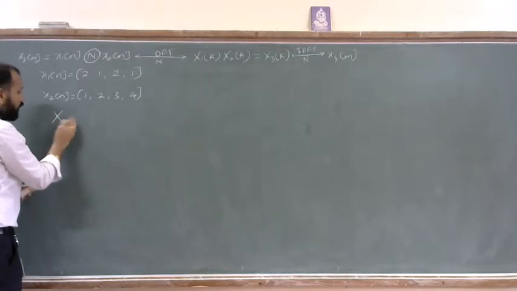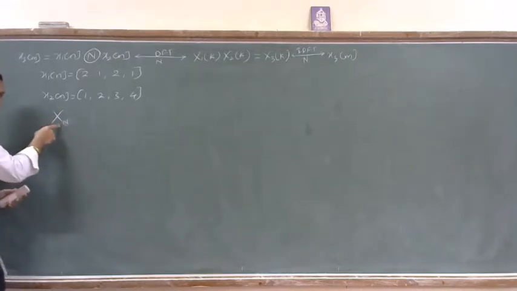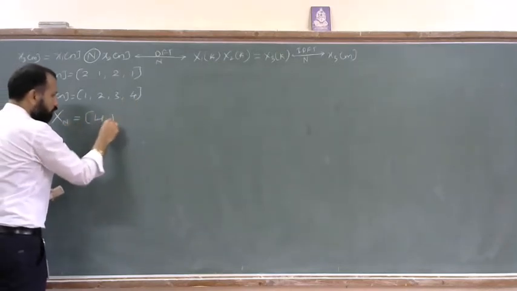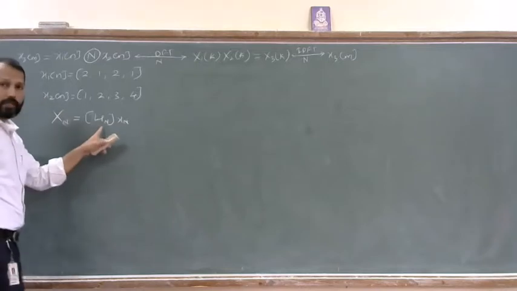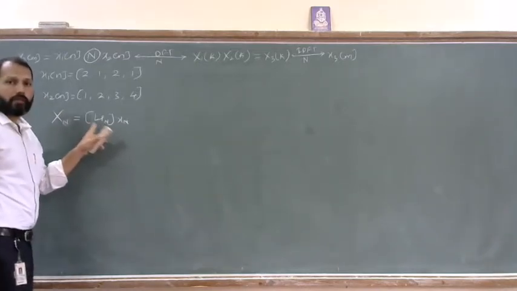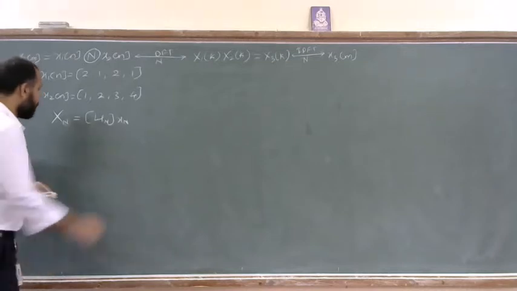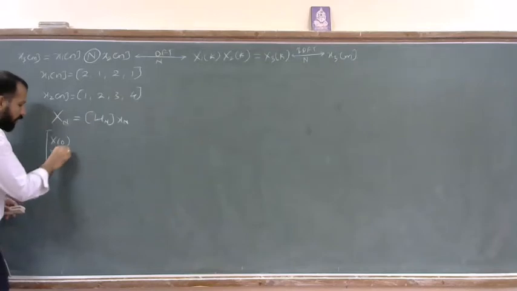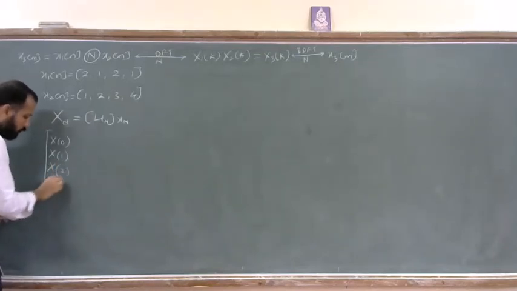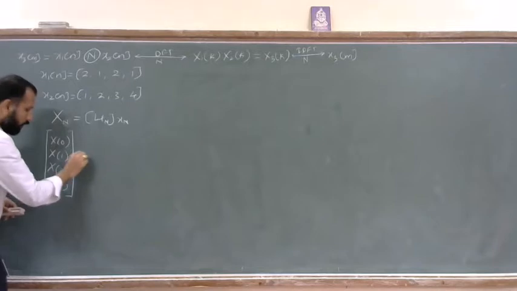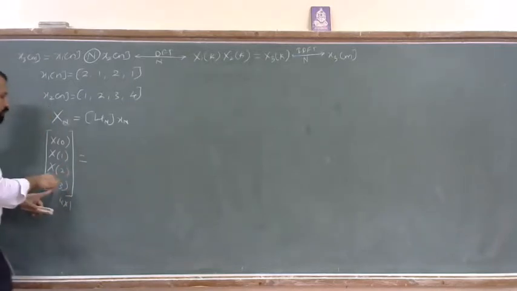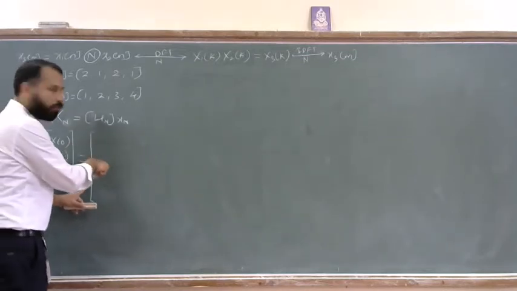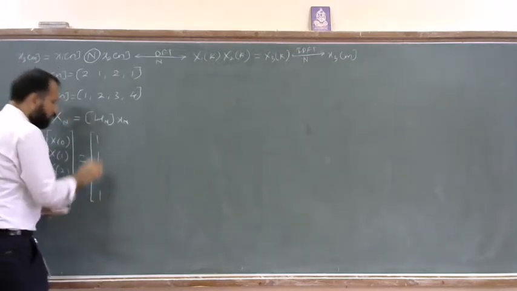The general expression for the n-point DFT using the matrix method is capital X of k equals W_N multiplied by small x of n, where W_N is the N cross N twiddle factor matrix and small x of n is the discrete time sequence. So for N equals 4, we will have 4 DFT points, X of 0 to X of 3. For the 4 cross 4 twiddle factor matrix, you already have this matrix with you. You just include them.